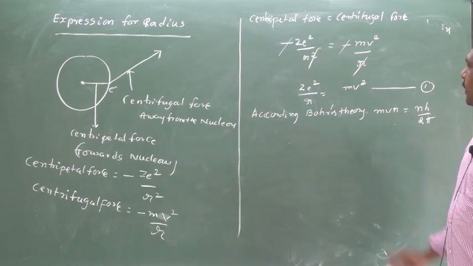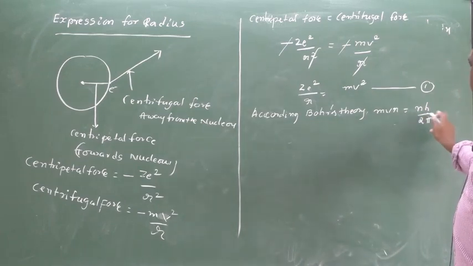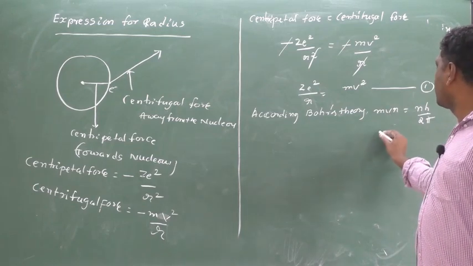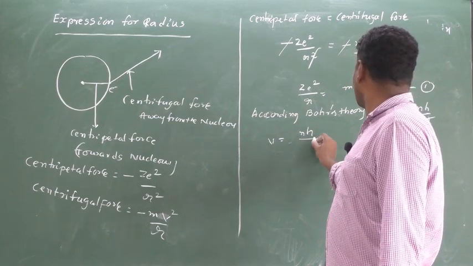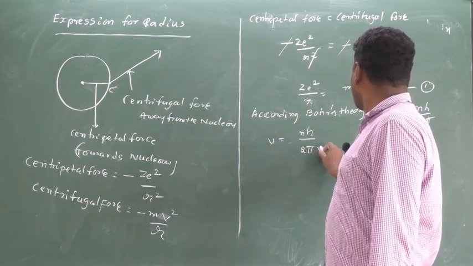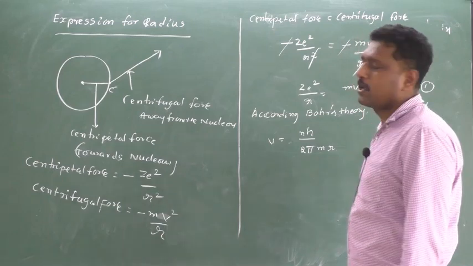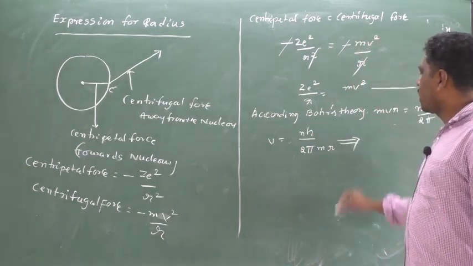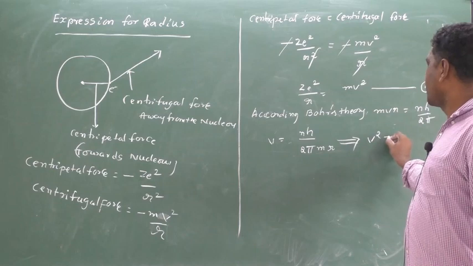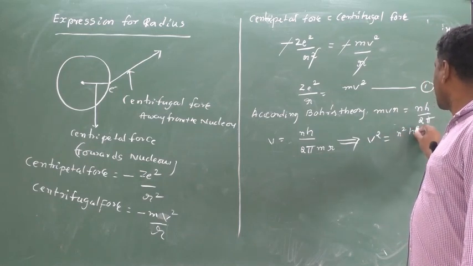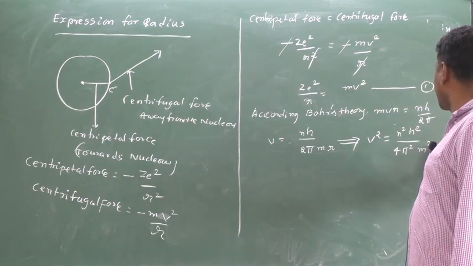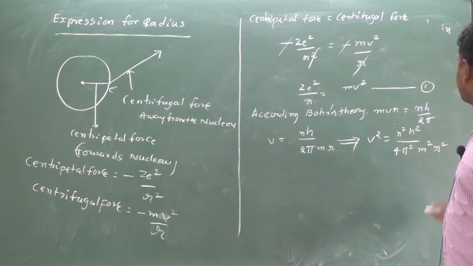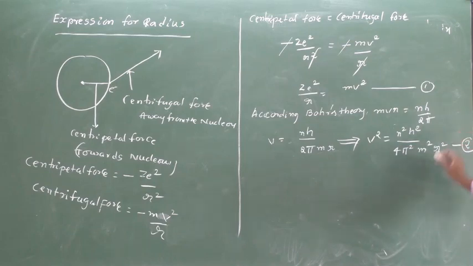We want v, so v equals nh by 2 pi mr. On both sides squaring, we get v square equal to n square h square by 4 pi square m square r square. This is equation number 2.